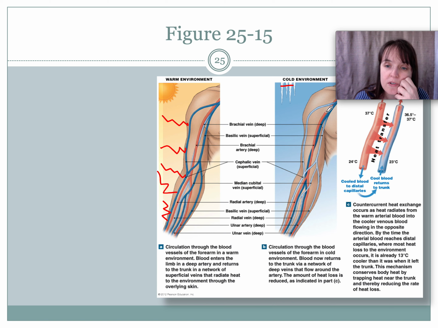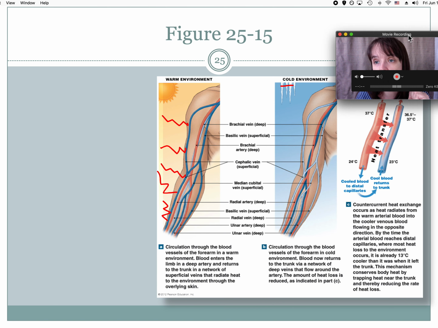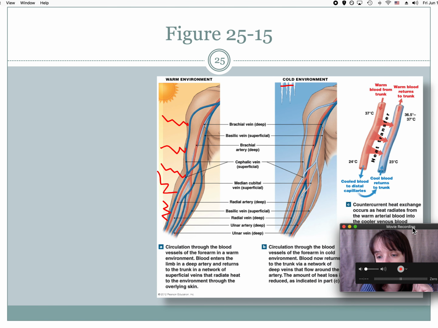The superficial veins shut, and all the blood goes up the deep veins, the ulnar, radial, brachial veins that run with the arteries. And so there's less heat at the surface of the skin, and that heat is deep in the center of the arm. And what happens is this heat transfer thing.